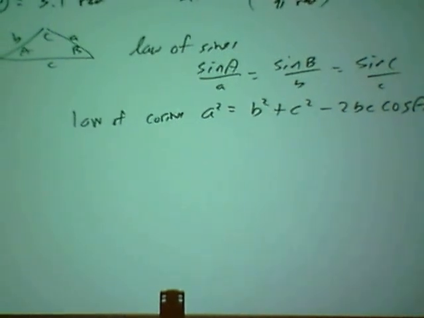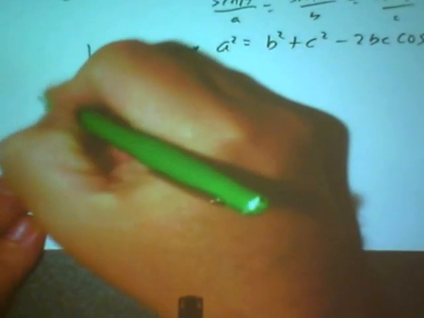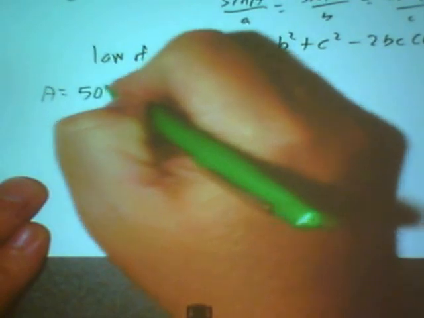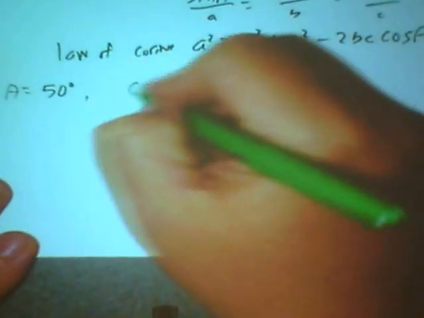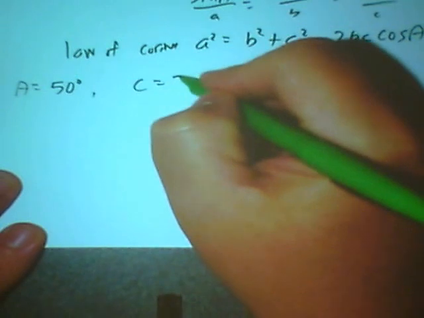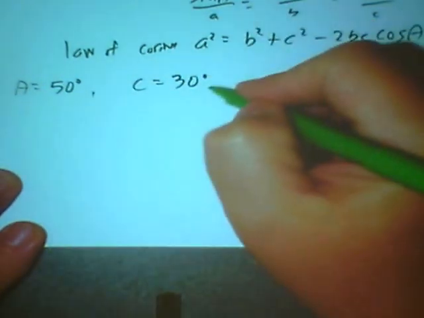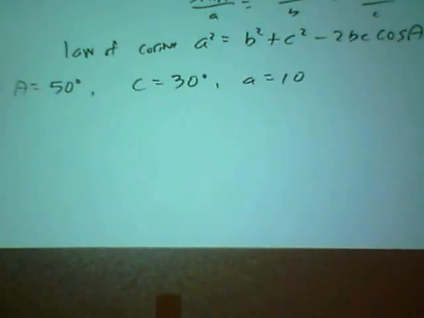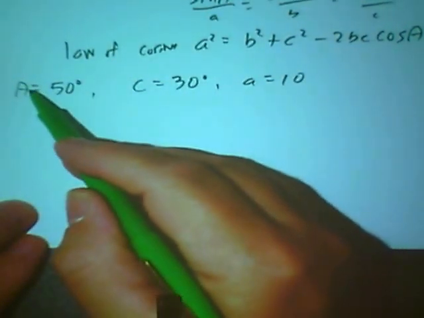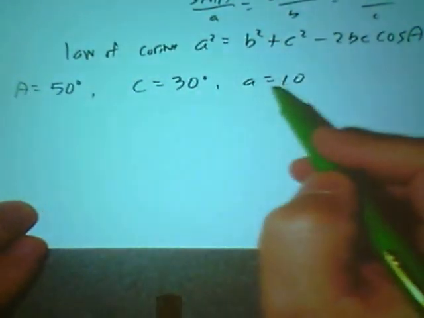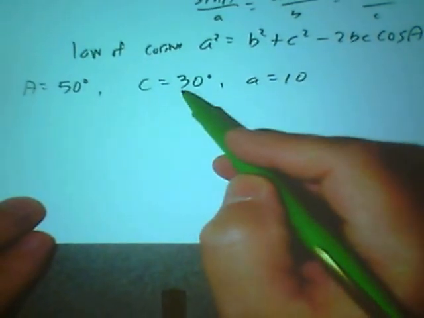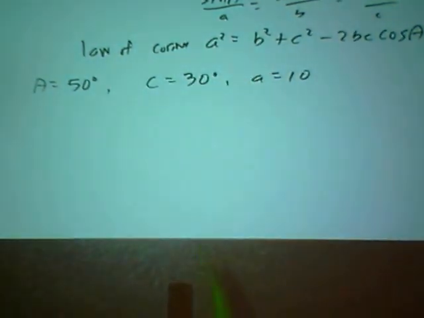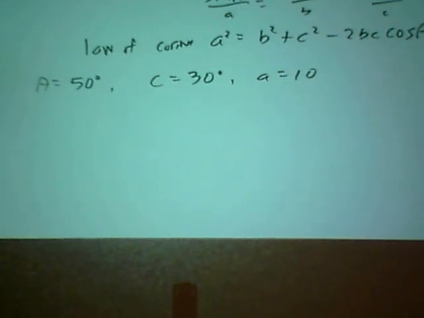So for instance, if I look at problem 1 briefly, they give me angle A of 50 degrees. They give me angle C of 30 degrees. And they said the length of side a is 10. So here's a case where I have an angle and a side, the same letter A and a, and then an angle C. For that kind of problem, the easiest method is always using law of sines.